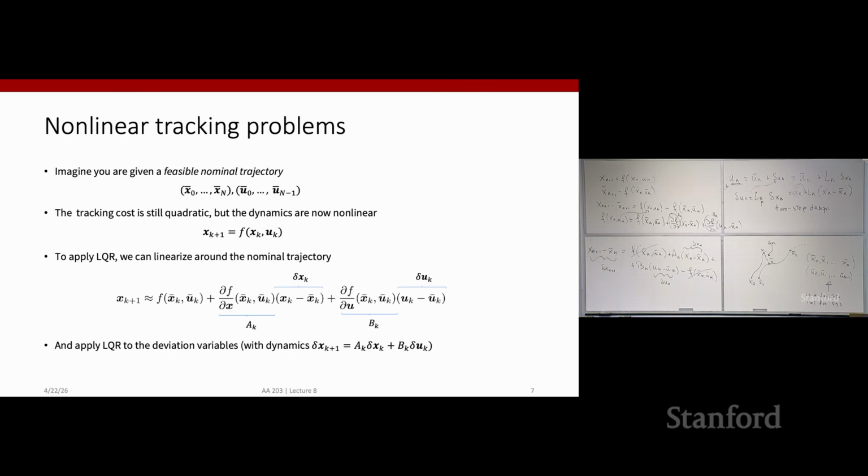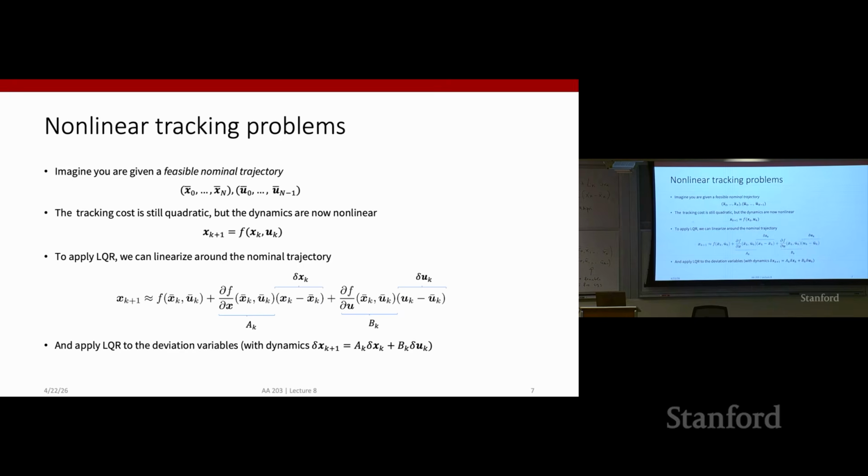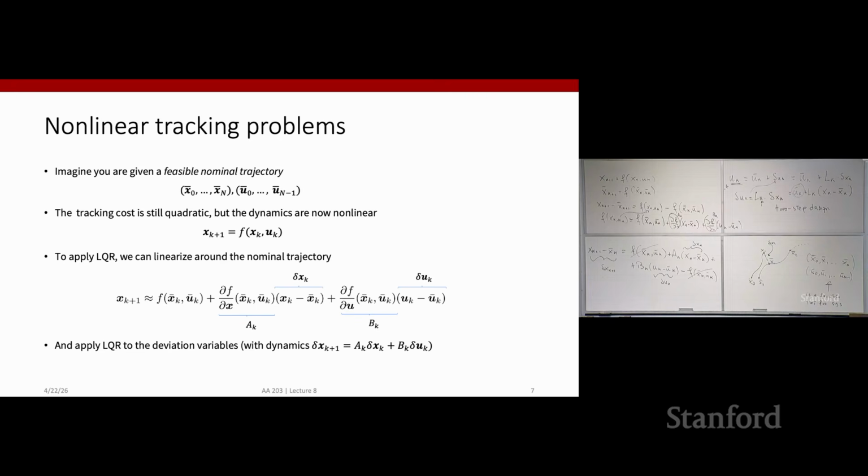So when you first do your Taylor expansion, it only holds somewhat true if they're near each other. That's right, but they're not guaranteed to be near each other. Well, this is a tracking problem. So typically, you start very close to the initial condition that you used in order to get your nominal trajectory. And the idea of a tracking algorithm is actually to stay close to your nominal trajectory.